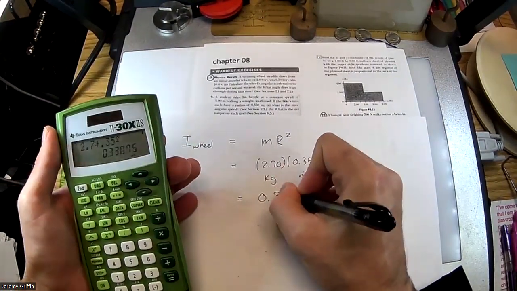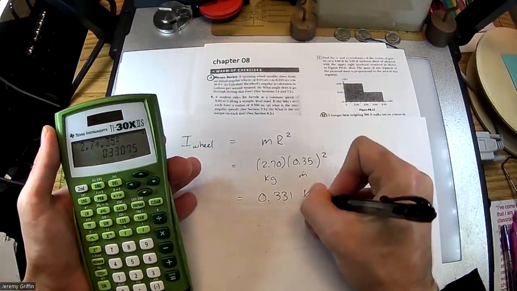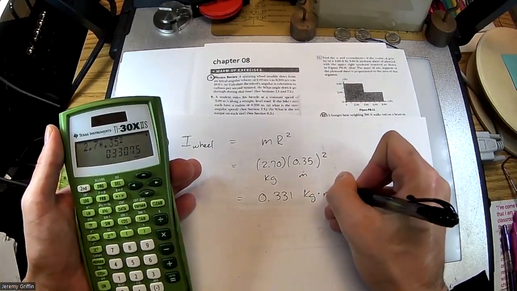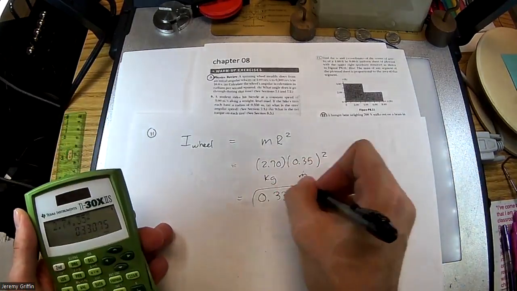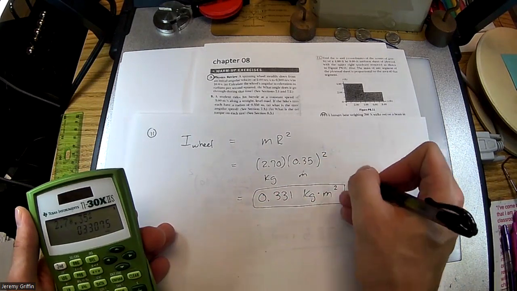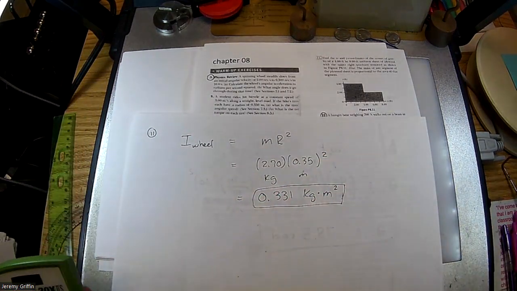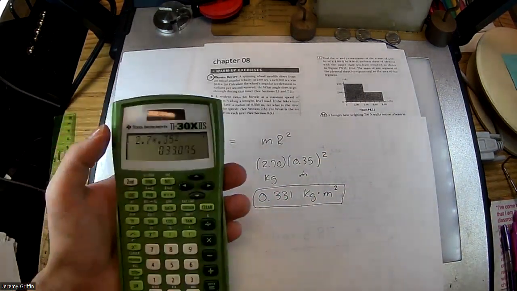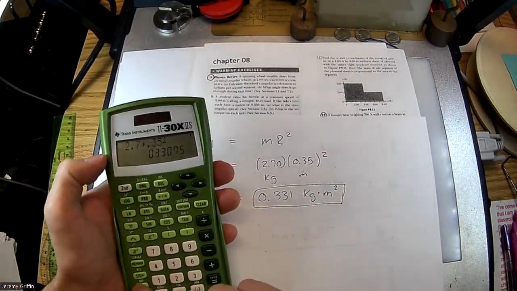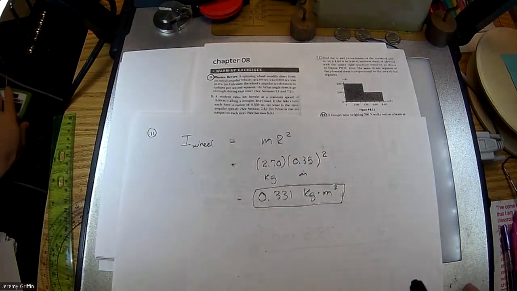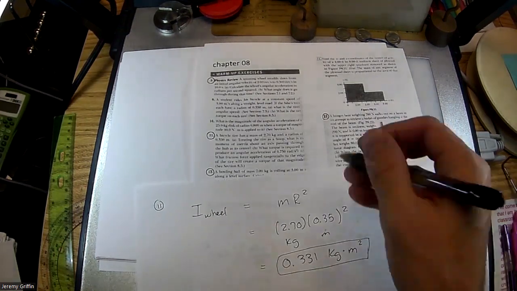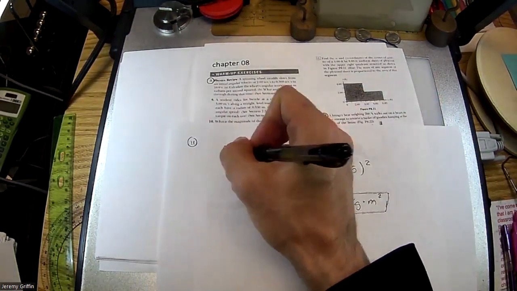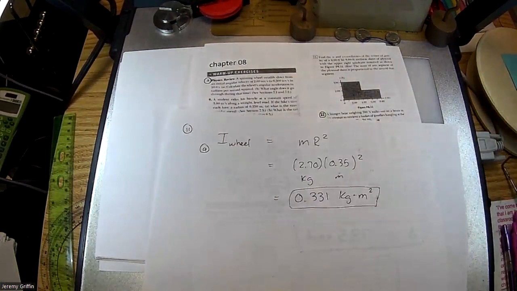So that's this many kilogram meters squared. Well, they give us three sig figs, so three significant figures, that's what that would be. You guys get the same thing? Mr squared. All right. That was question A. So question A, what's the rotational inertia of that wheel about its center?